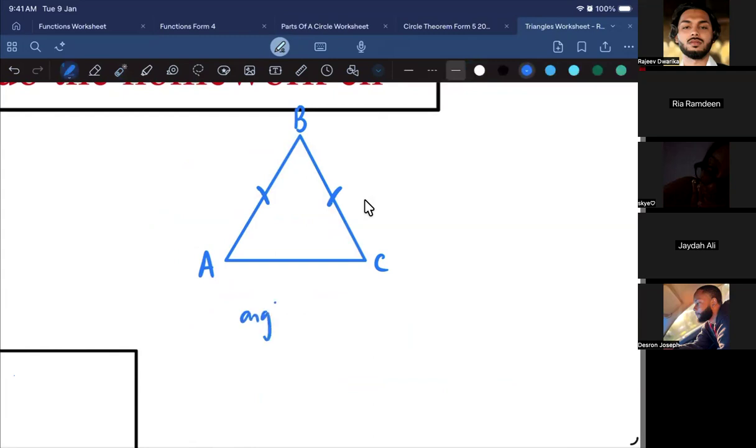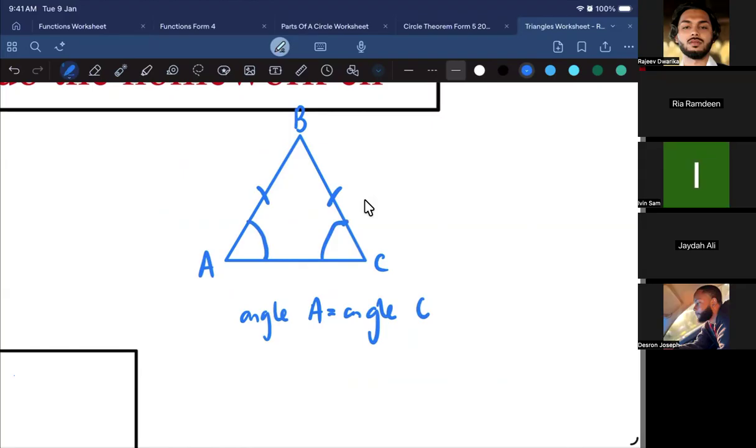So angle A will be equal to angle C. Who here is confused by that? No? Okay.